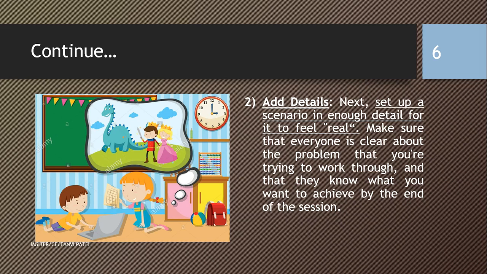Means the situation which is being given to you, you have to set up the scenario that you can feel that it is real happening in our life. Make sure that everyone is clear about the problem that you are trying to work through and that they know what you want to achieve by the end of the session.